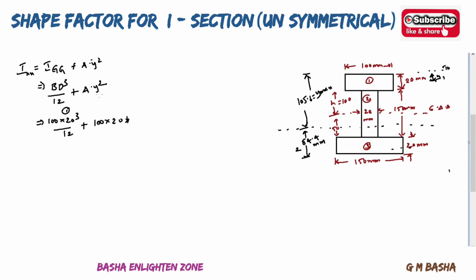Always y is the distance taken from the equal area axis, means this center, to the y max, the maximum distance. This is 105.6 minus this 20 by 2 which is 10. So that is the y distance here, that is 105.6 minus 10 whole square. Like that we have to take.